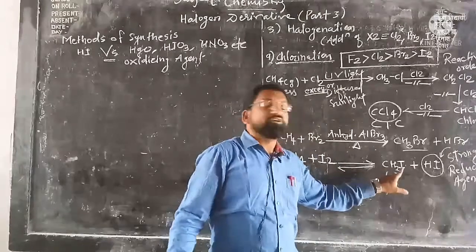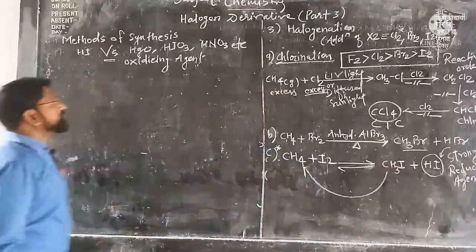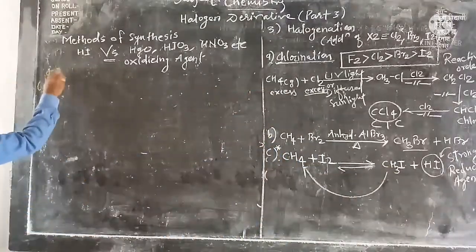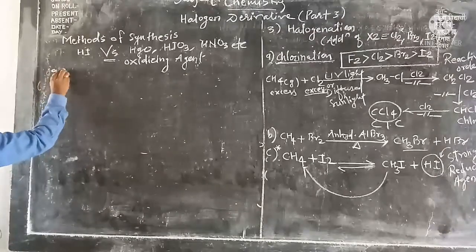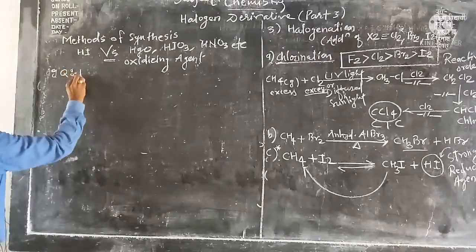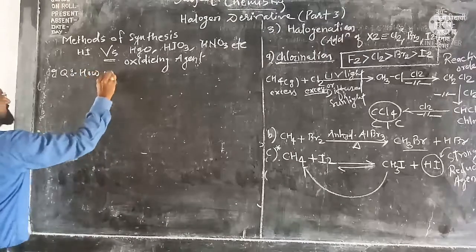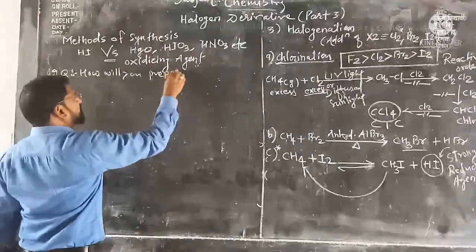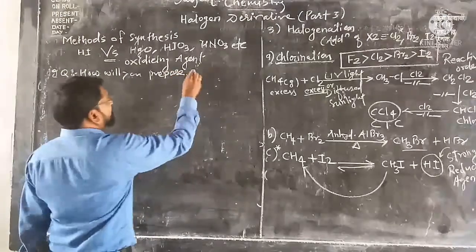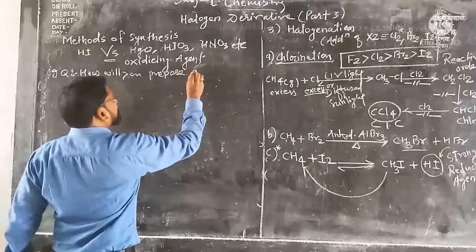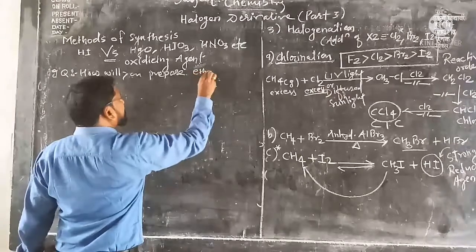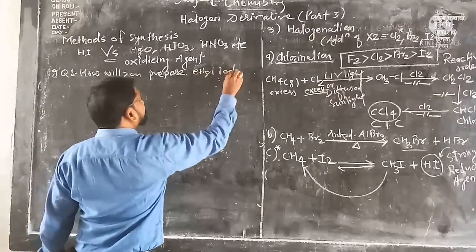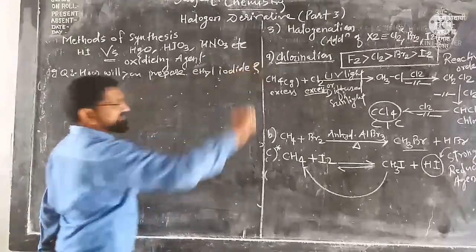so that they can prevent the reduction of methyl iodide. So let us write a direct question: how will you prepare ethyl iodide? Yes, it is a question.